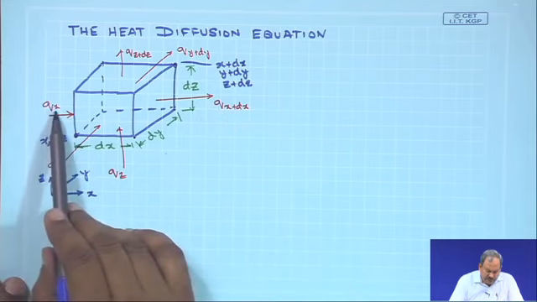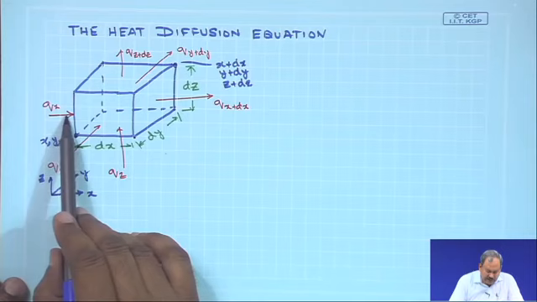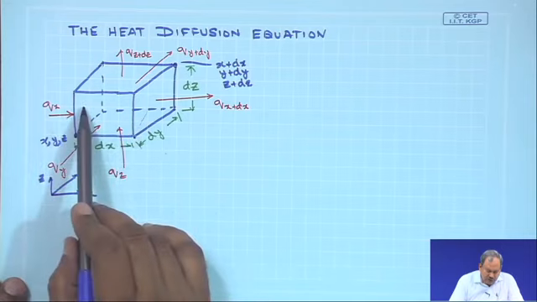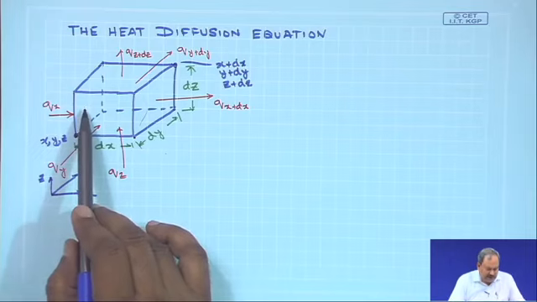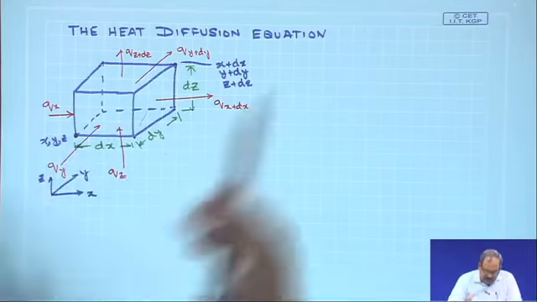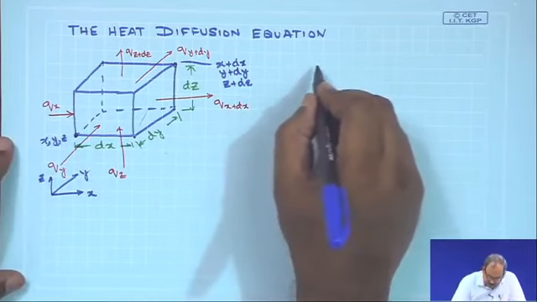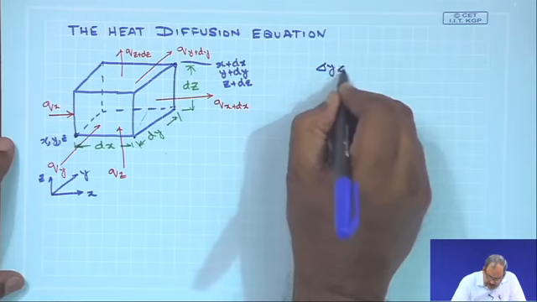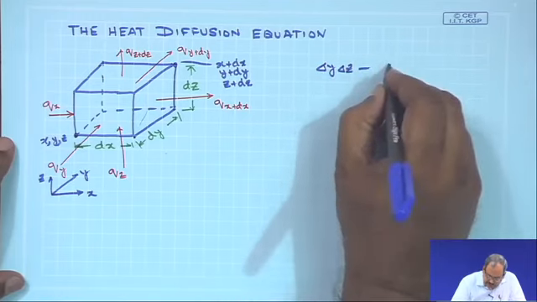So, qx denotes the amount of conductive heat flow to this control volume through the surface at x. The surface at x has an area equal to del y times del z.